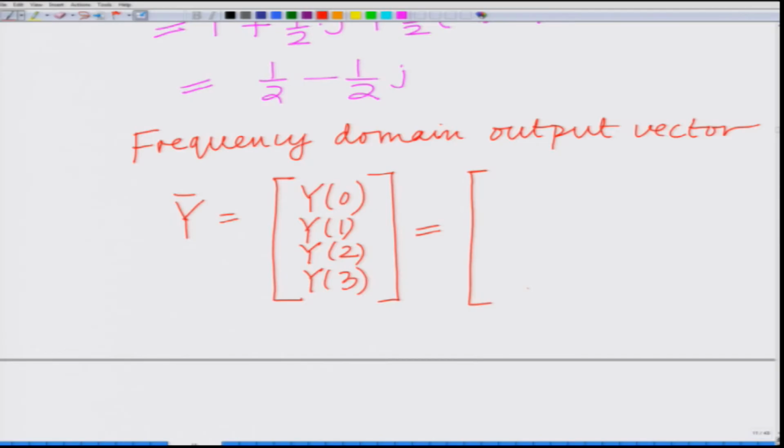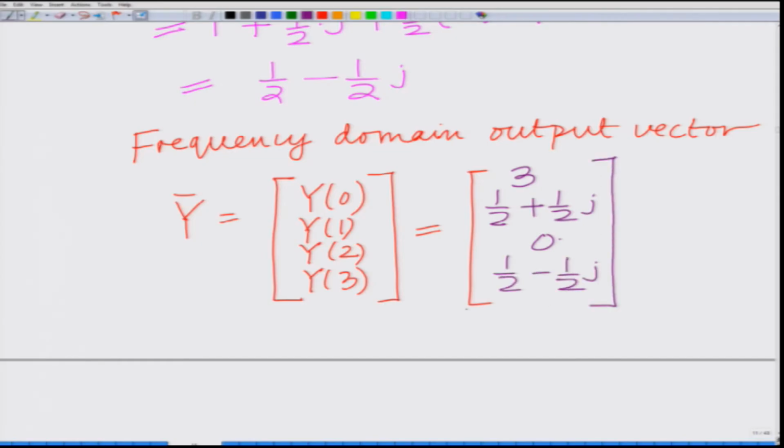Let us write it down clearly. This is equal to 3 half plus half j, 0, half minus half j.